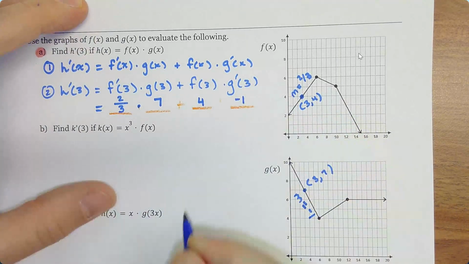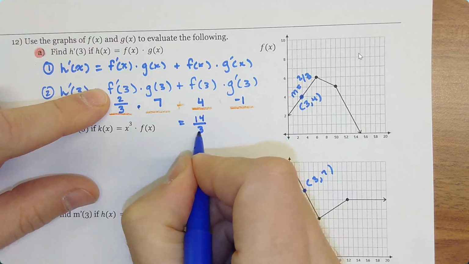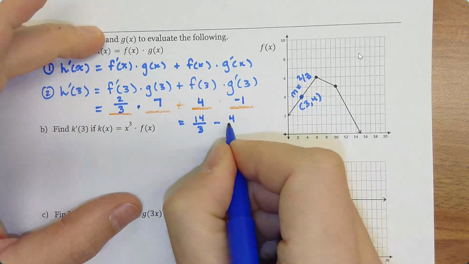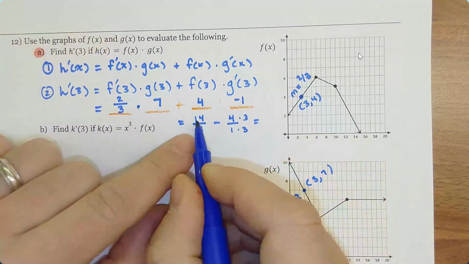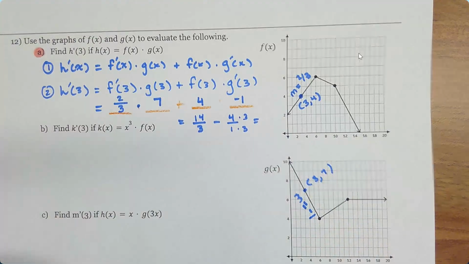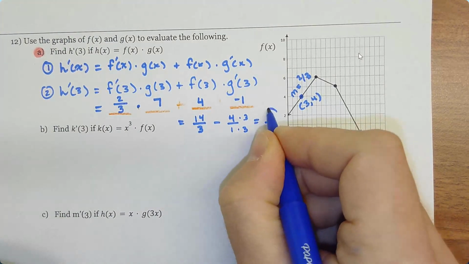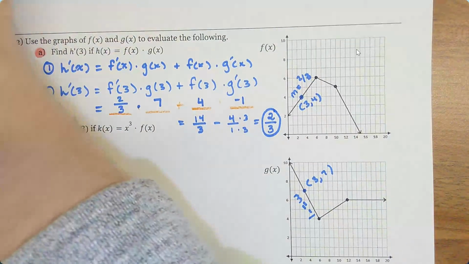So this would be a -1, which means our answer is going to be 14/3 minus 4. Get a common denominator. So that's 14 minus 12 is 2. So 2/3 is going to be our answer. All right. The rest of the problem set is yours to complete.